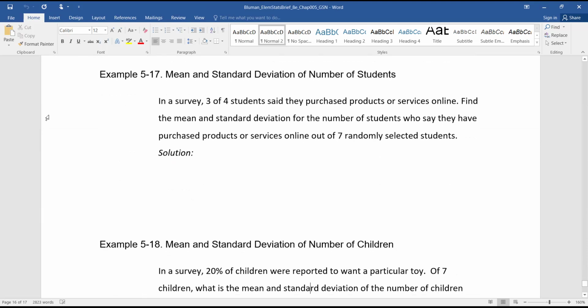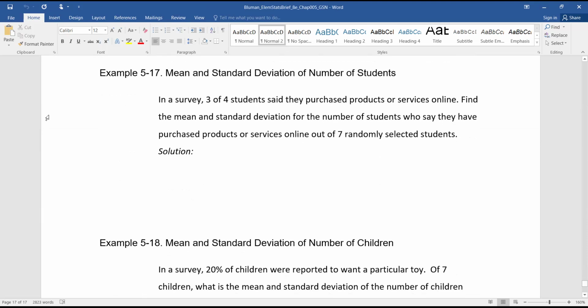All right, so in example 17, mean and standard deviation of the number of students. So in a sample of 3 or 4 students said they purchased the products or services online. This time we want to find the mean and standard deviation of the number of students who say they have purchased products or services online of 7 randomly selected students. So we did this earlier, but this time we're now going to calculate their mean.